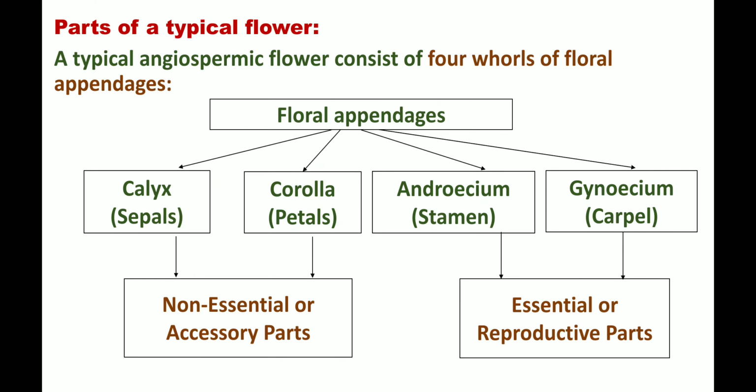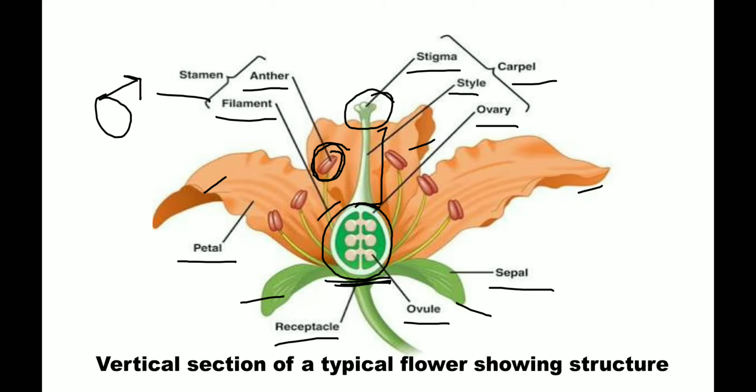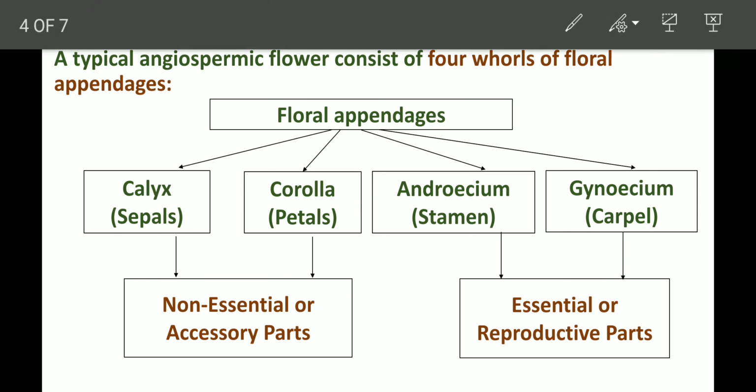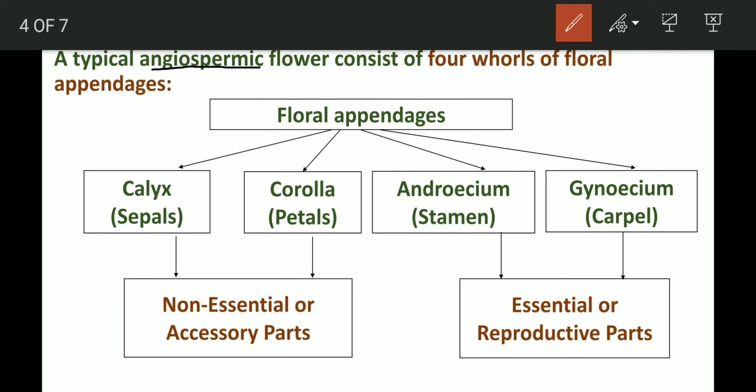Now come to this flow chart. By this flow chart I am going to explain the parts of a typical flower. I told you the flowering plants are called angiosperms. Only angiosperms are the plants which bear flowers. So a typical angiospermic flower consists of four whorls.